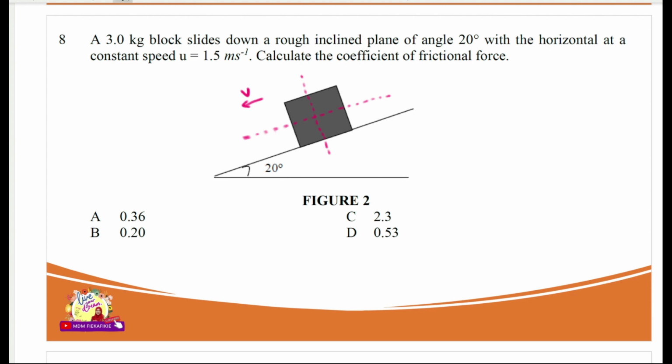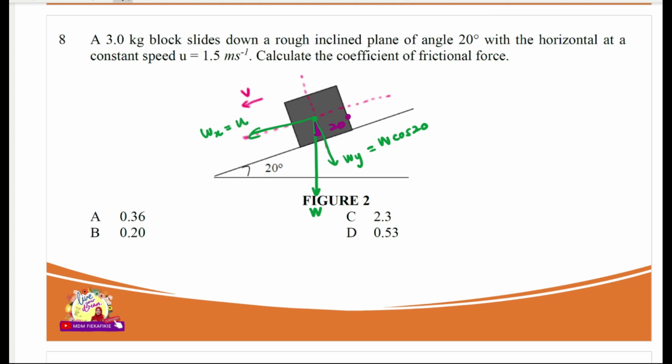Alright. So we're going to have weight. Okay. So weight must be straightly downward. So W. And the angle here must be 20 degree. Okay. And then we need to resolve W into Wy, which is W cos 20 degree. And then kita akan ada Wx.